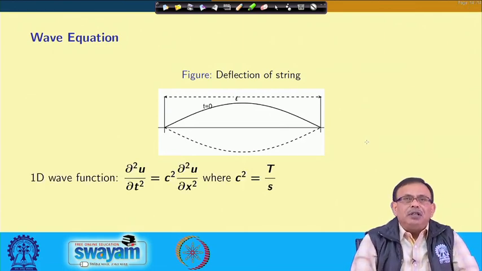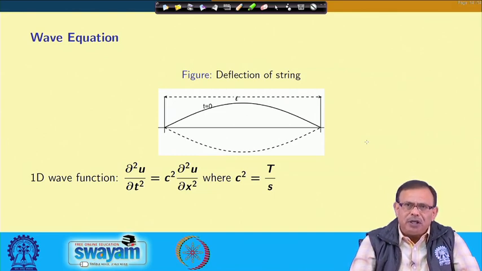So, the string is fixed at 2 points. You take the string at a particular position at time t equals 0, release it and allow it to vibrate. While it is vibrating, the deflection of the string, which we define as u(x,t), can be measured by the equation del 2 u del t square equals c square del 2 u del x square, where c square equals T by s.